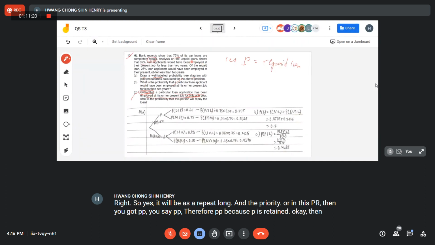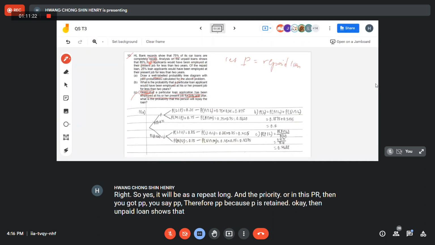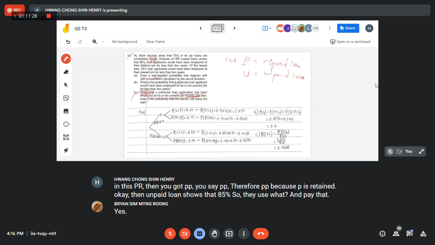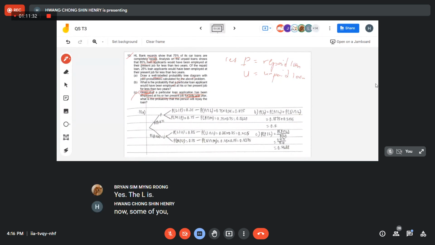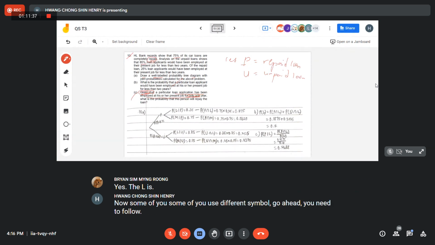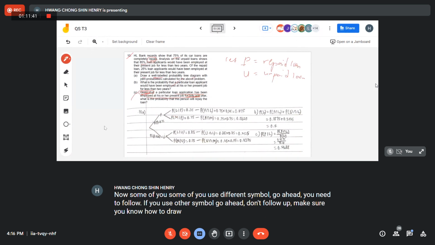Okay, then the unpaid loan shows 85%. So the U is unpaid. Yes. Some of you use a different symbol. Go ahead, you don't need to follow. If you use another symbol, go ahead. Make sure you know how to draw the branches.